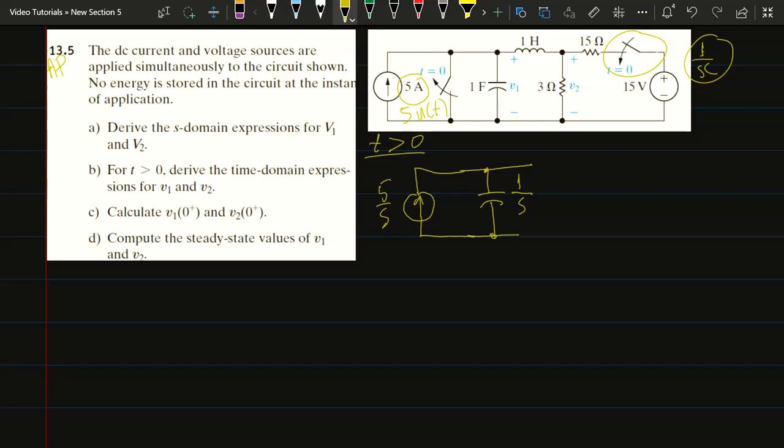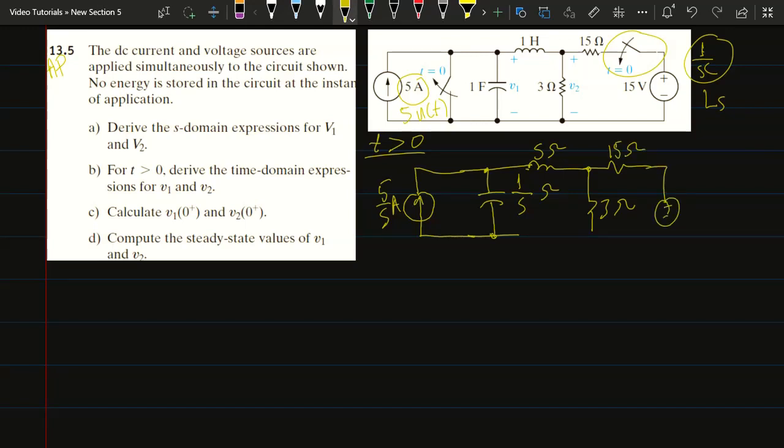And for the inductor it should be Ls, but L in this case is equal to 1, so this is going to be just s, and these values are in ohms. This is in ampere. And then I have 3 ohm in here and 15 ohm above there.